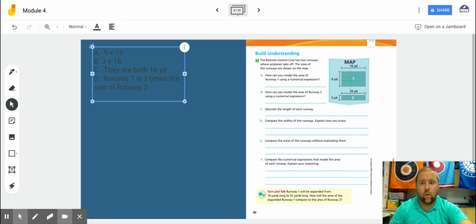Now, when we get to the next problem, it says compare the area of the runways without evaluating them. Okay, so when you're not even evaluating them, you're already going to know that the area is going to be 3 times the size because you're multiplying by a number that is 3 times greater. So even with the area, okay, the area will still be 3 times greater.